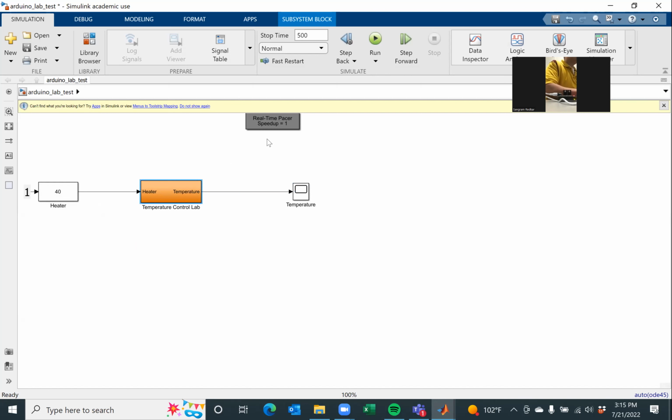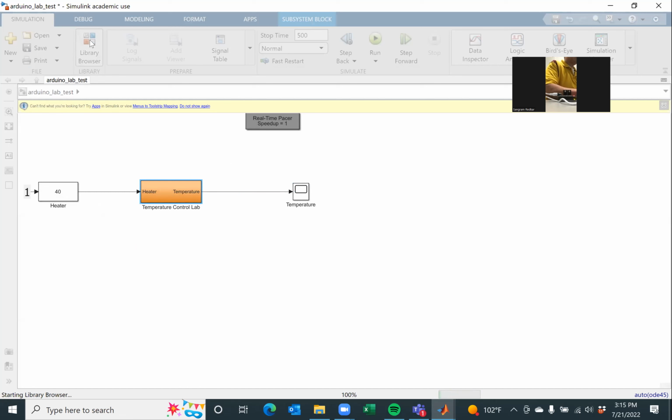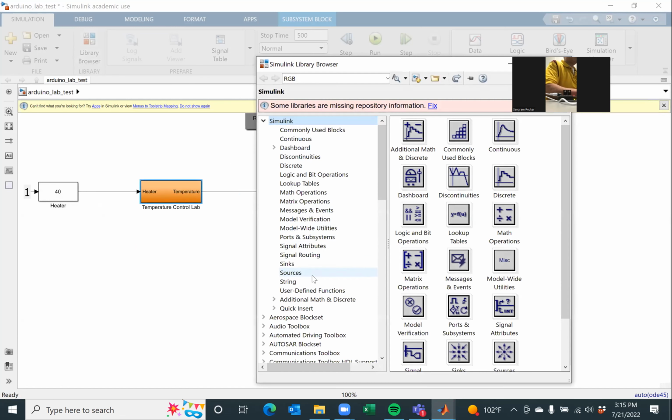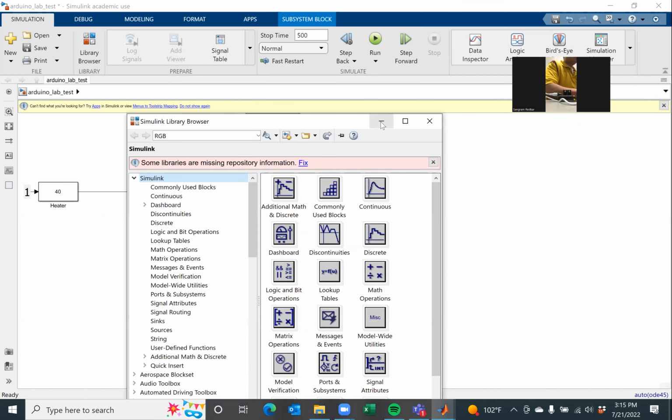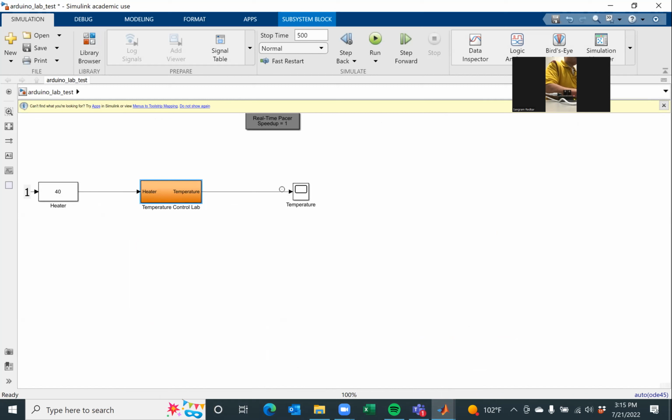Actually, you know what? Let me add a mux block. In the newer versions of MATLAB, I can actually add it. Okay, let me see.